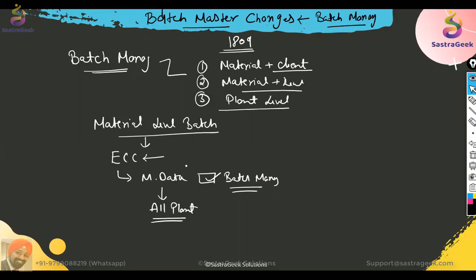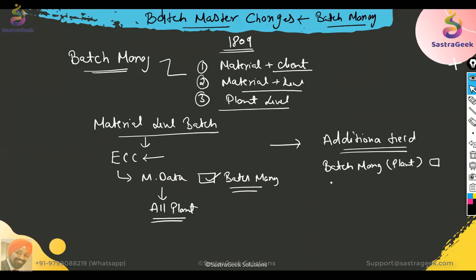Now SAP S/4HANA is coming with a solution where they have created an additional field in the master data interface, which is your batch management plant. So earlier we were having only batch manage, right? Now we are having 2 fields, batch manage at plant level and batch manage.